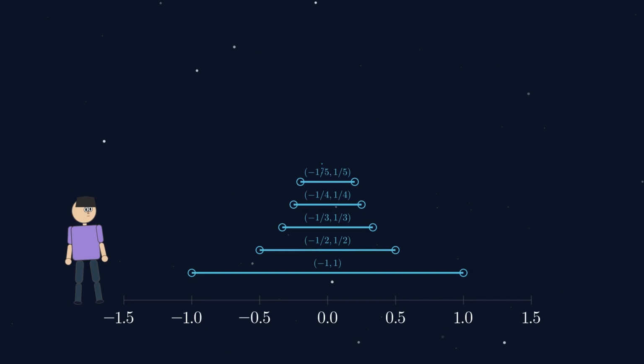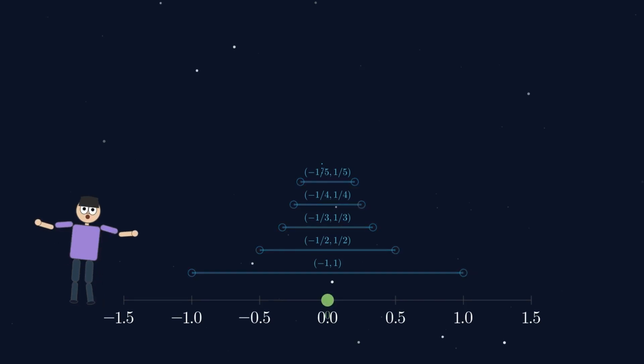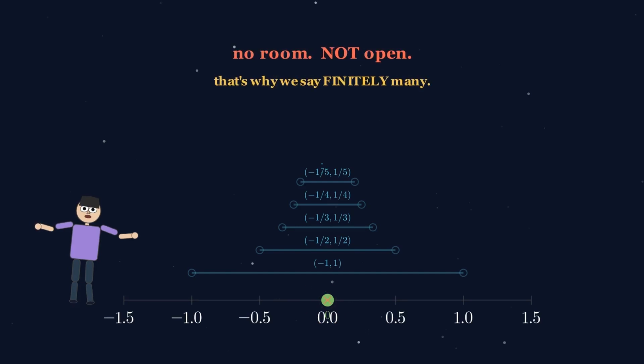Just a single point. 0, all alone. And a lone point has no breathing room at all. It is not open. So infinitely many open sets, overlapped, collapsed into something that isn't open. That's exactly why we have to say finitely many.